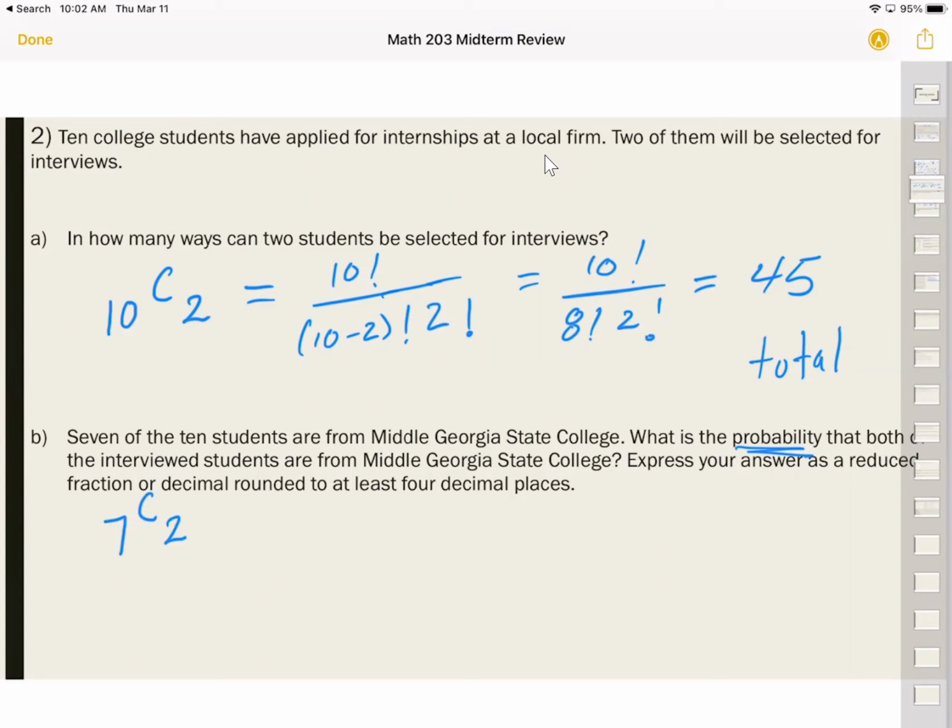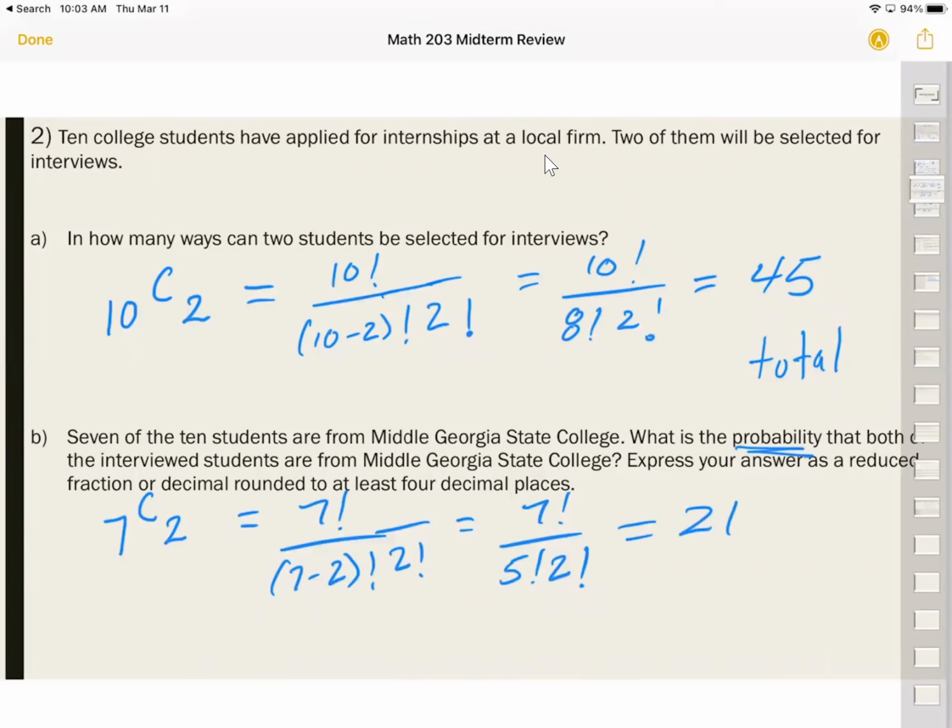Which is 7 factorial over 5 factorial times 2 factorial, so 21. Again, I do this by hand. You can use or type it in your calculator. Everybody agree that this is 21?